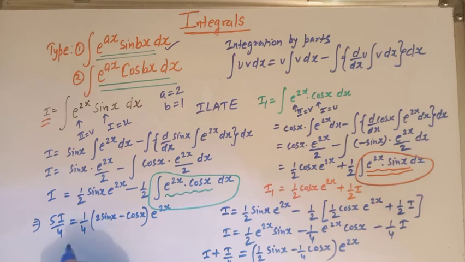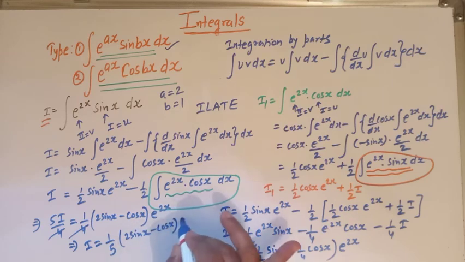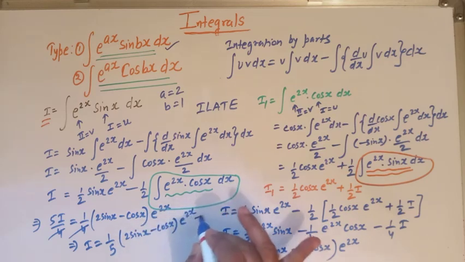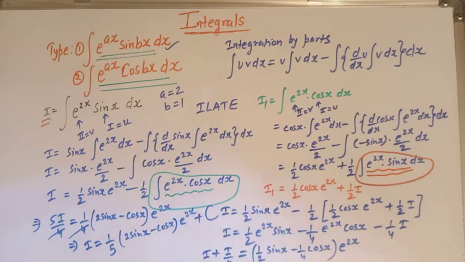If we further simplify it, 4 and 4 get cancelled, and we have I is equal to 1 by 5, 2 sin x minus cos x, e raised to 2x, plus c as the constant of integration.